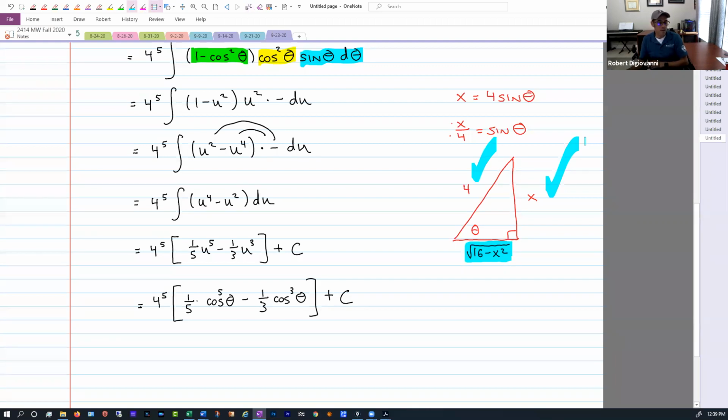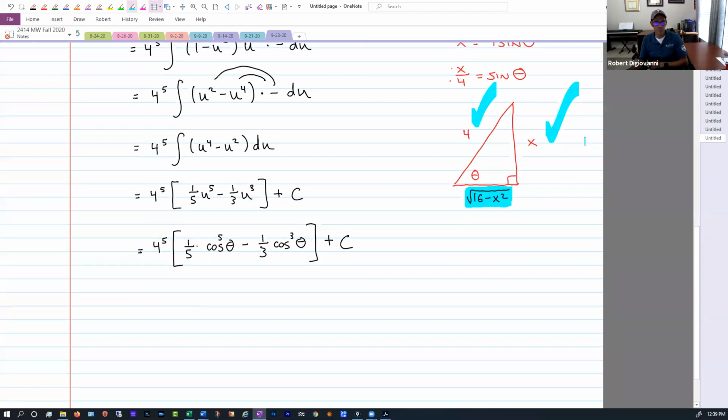Now, according to that triangle, do you know what cosine of theta is? Square root of 16 minus x squared over 4. That's right. It's the adjacent over the hypotenuse.